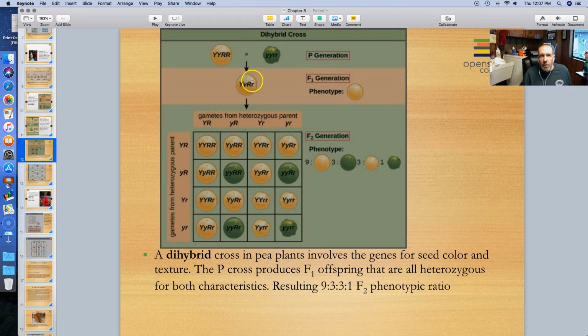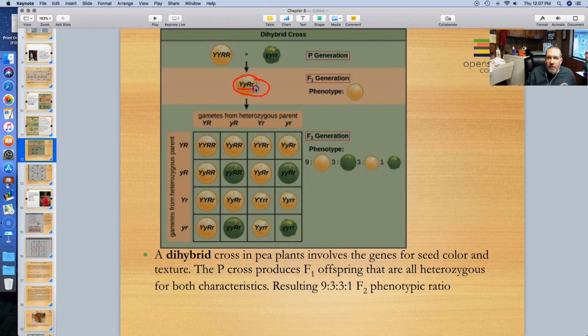And so it gets a little bit messier, just making sure you can track these genes. And I would really suggest doing some of these Punnett squares as practice. Just even if it's like redo this one, you know what the parents are, so you know how to breed them, how to mix up the possible combinations of alleles to get the first generation.